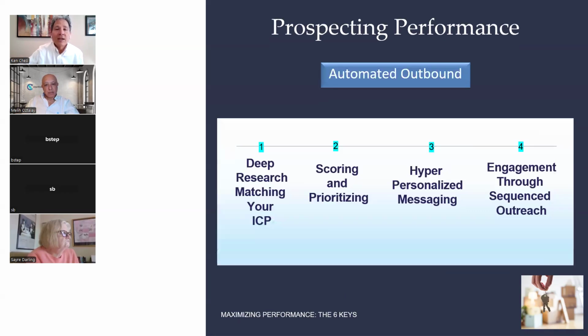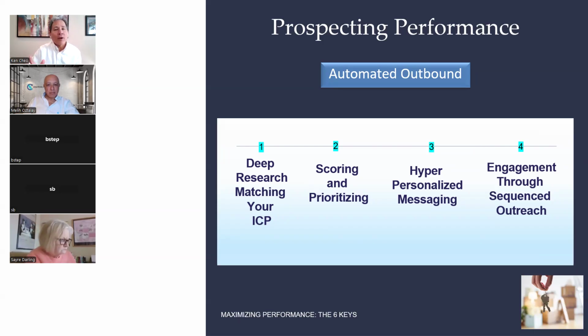And then you really have to be diligent in using the tools to deepen and improve the efficiency of your list. In sales, it starts with the quality of your list, right? So you want to do some deep research to get to your ideal client profile.